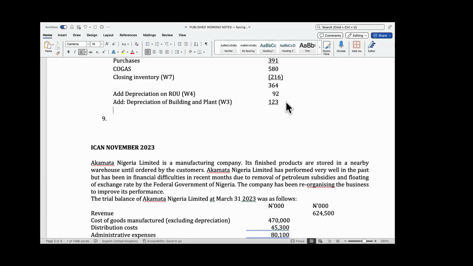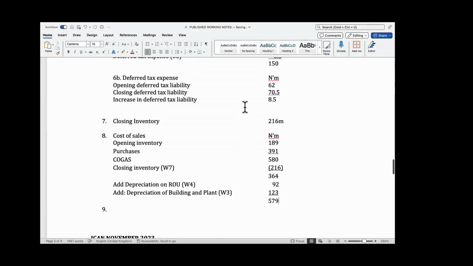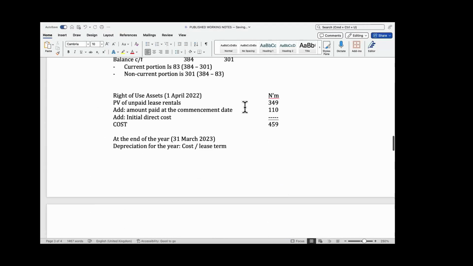So if I add all this together, what's my cost of sales? 579. So I've done my cost of sales.